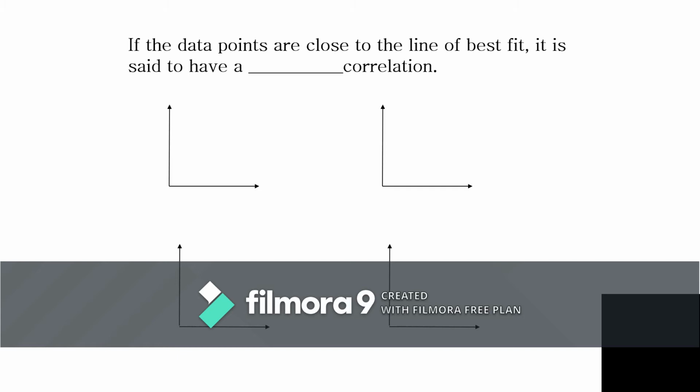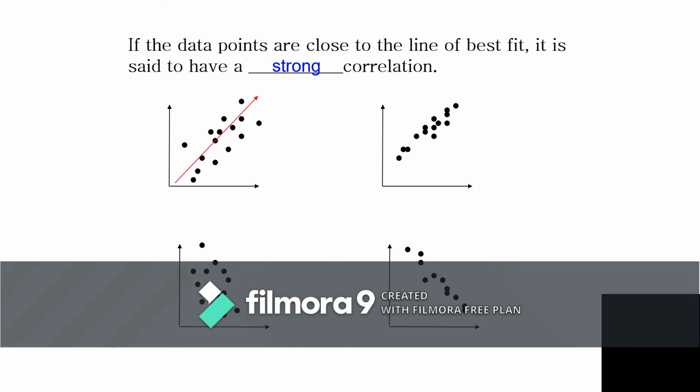If we are fitting a line and the points are close to the line, then you can say that it is strong. For example, let's take these four figures. In my first diagram, I can fit a line and the points are not close to the line, but they are on the positive side. So it is a weak positive correlation.